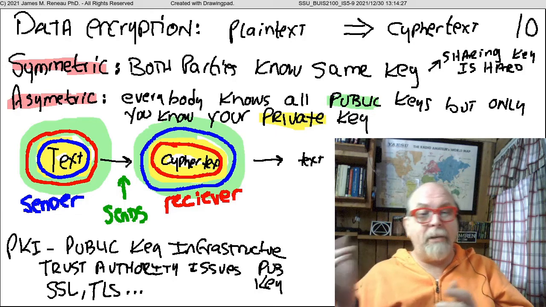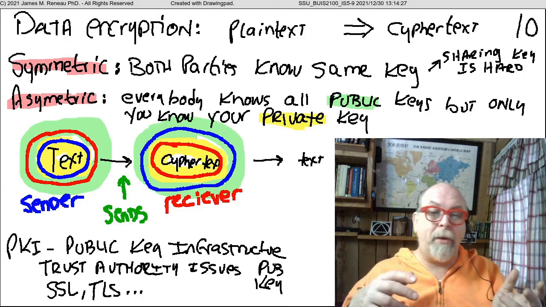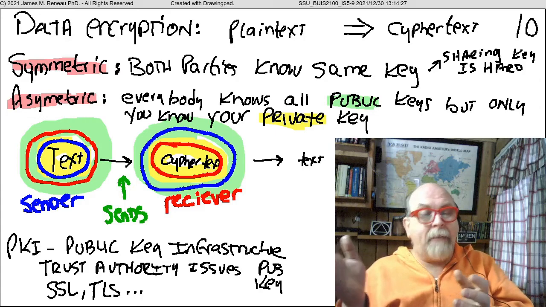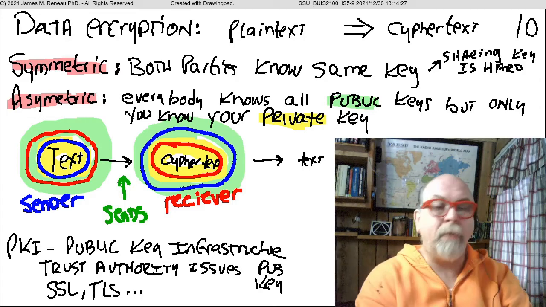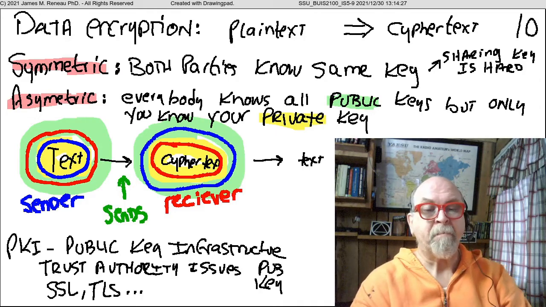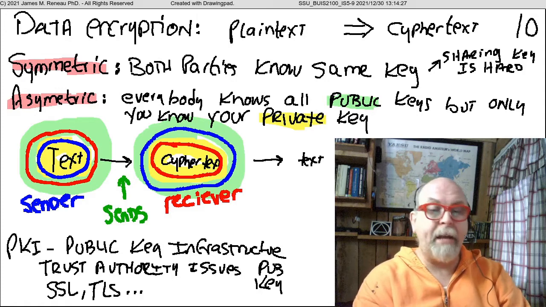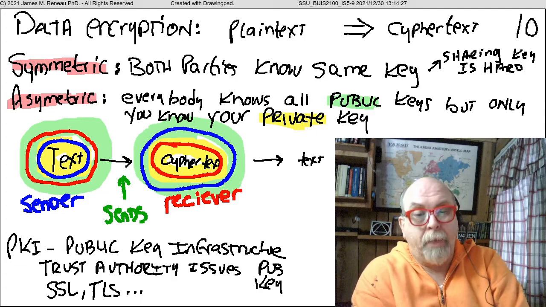I've got to send you the key in a way that you can decrypt it, but if we don't have a key shared, then I've got to send it to you in plain text. So sharing a symmetric key can be difficult. And if that key happened to get broken, then all of the data encrypted using that symmetric key is now broken.